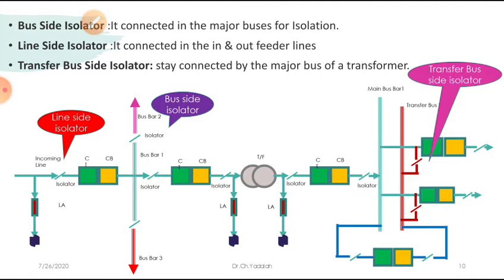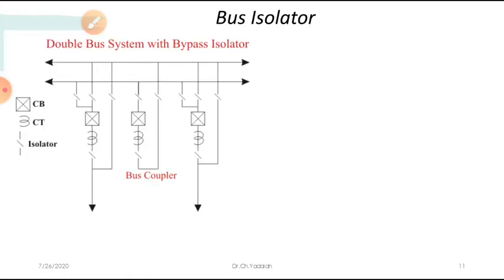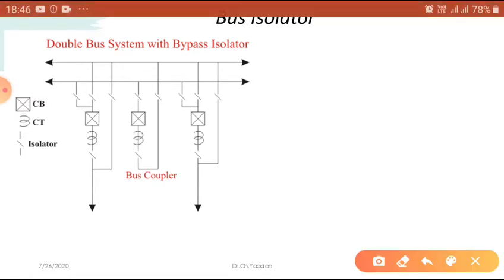Now, let us see this clearly, how it is physically present in a substation, by seeing some circuit diagrams. Let us see the bus side isolator once again in a circuit diagram. Here you can see the double bus system with bypass isolators. This is two buses, bus 1 and bus 2.